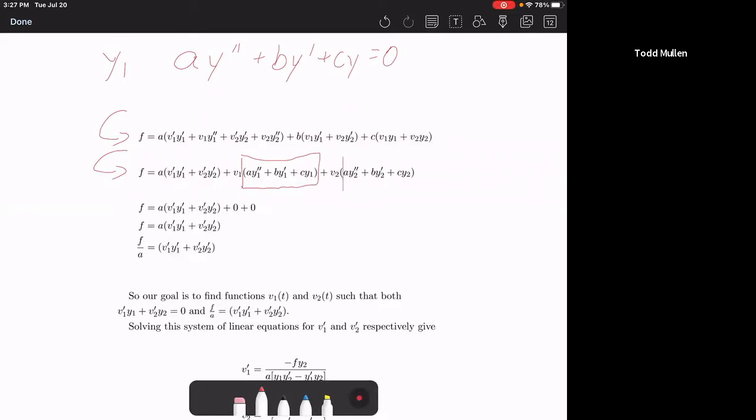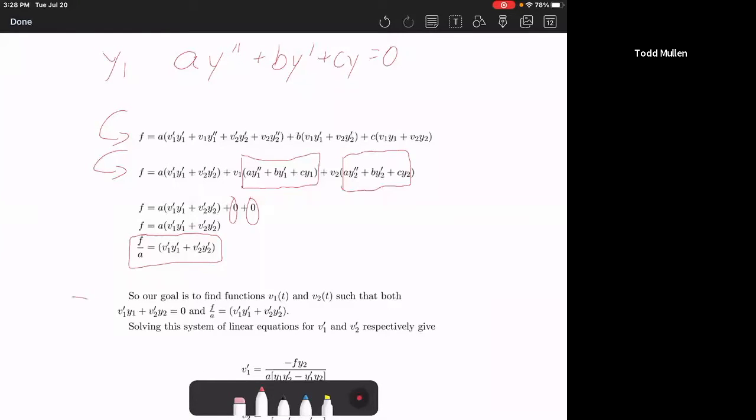And we have the same thing for y2, because y2 was defined to be another solution of the homogeneous equation. So they just become zeros. So we're left with f is equal to a times v1 prime y1 prime plus v2 prime y2 prime. And now we're just going to divide both sides by a, and we're going to get this final version of the equation.